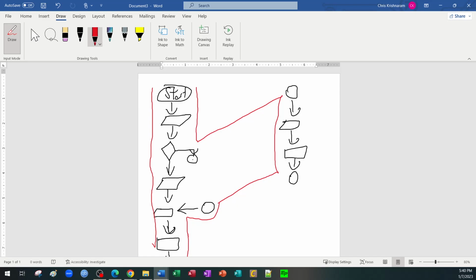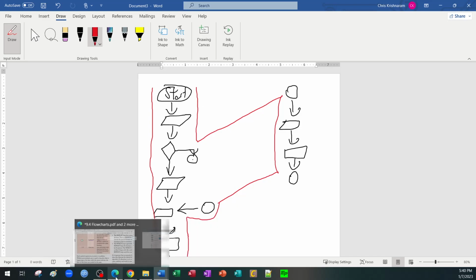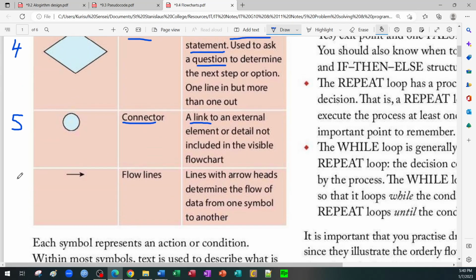Yes, sir. Alright. So once again, a connector is basically, as the name implies, to connect. What you're doing, you're just connecting one flowchart to another flowchart. It's that simple. It's like connecting the dots. So the final symbol is your flow line. It's basically a line with an arrow. Now these lines with arrowheads determine the flow of data from one symbol to the other.